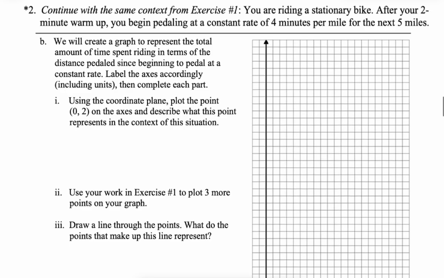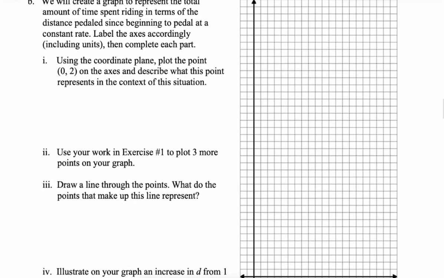Okay. So let's think about how we want to set up a graph. So here it says we will create a graph to represent the total amount of time spent riding in terms of the distance pedaled since beginning to pedal at a constant rate. Label the axes accordingly, including units, and complete each part.